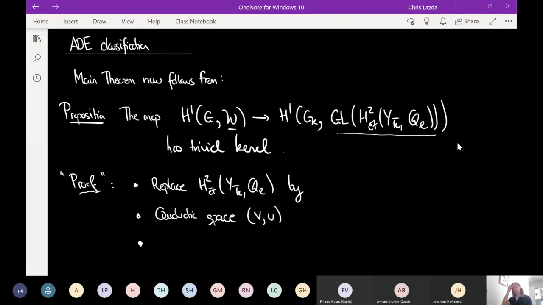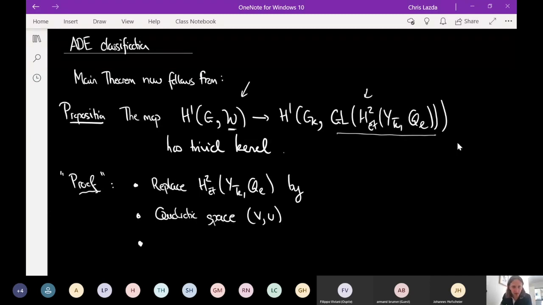They're not necessarily groups. What we really need is that this map has trivial kernel, in other words, that the pre-image of the distinguished point here is the distinguished point here. We don't necessarily need to know if it's injective. Interestingly enough, it actually works.